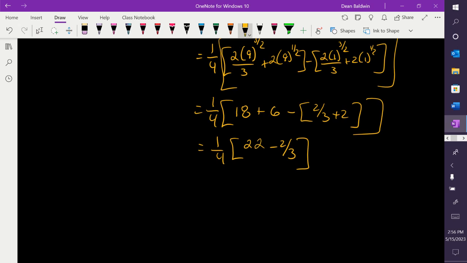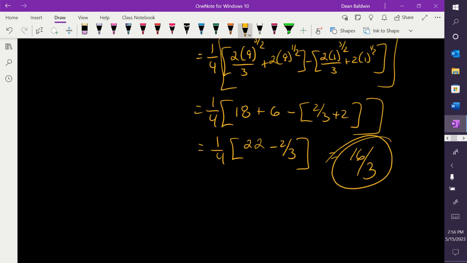I was illustrating the mistakes that you can make for the benefit of your education. Thank you. 22 minus 2/3 divided by 4. 16 over 3. Okay? Or the equivalent decimal. If you give me the decimal, I'm fine with that.